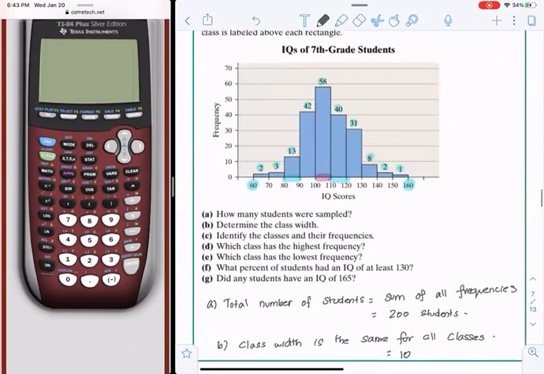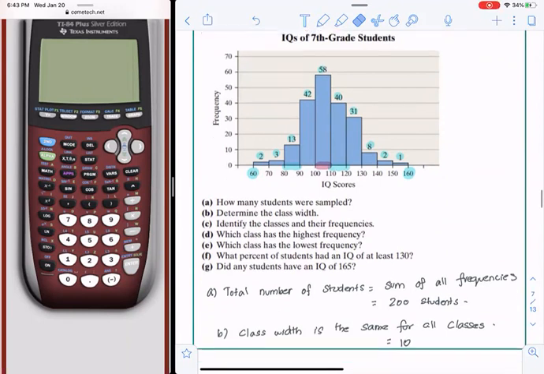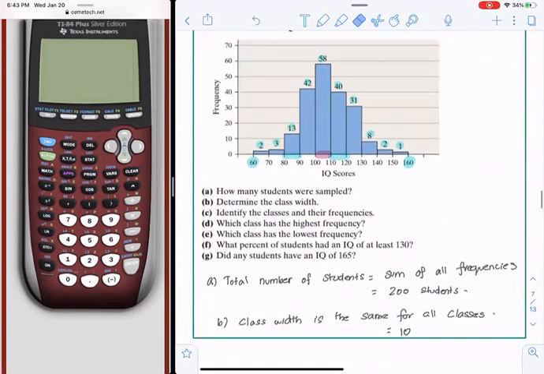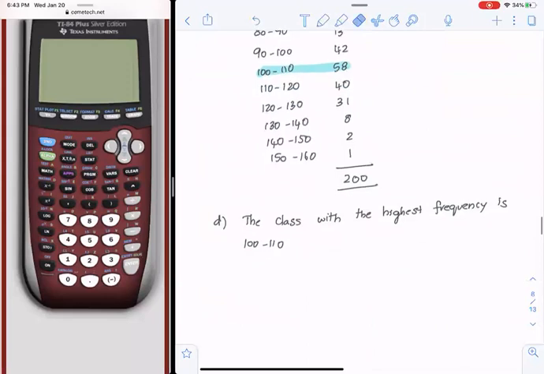Which class has the lowest frequency? We're simply going to look for the class with the smallest bar or the shortest bar, which would be right here between 150 and 160.